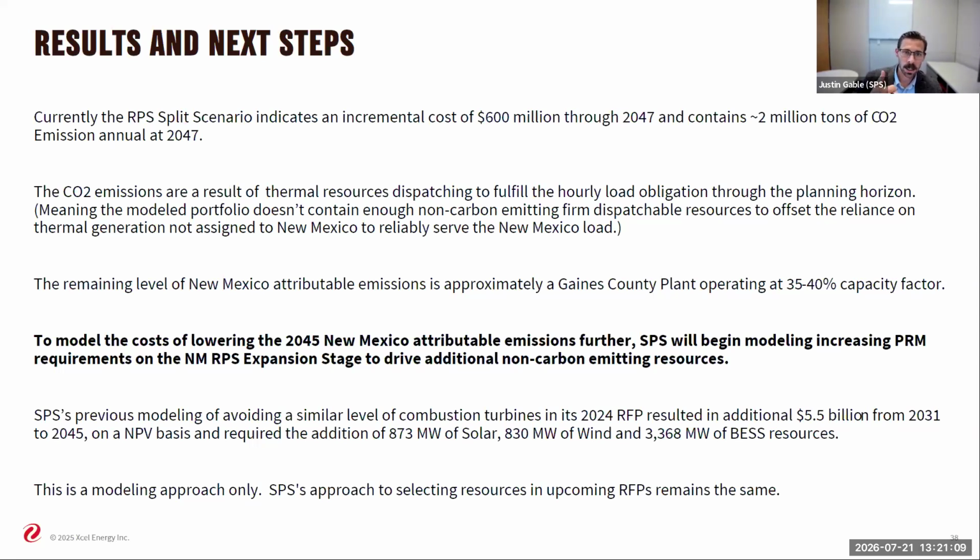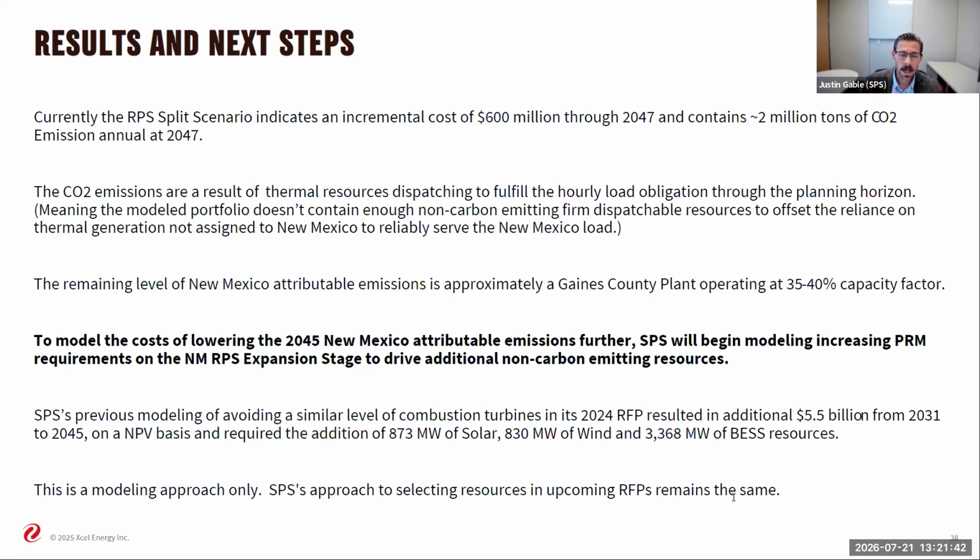That would drive additional capacity and energy resources to serve New Mexico and to drive carbon emissions down, but it is not necessarily going to immediately root out all carbon emissions. So we can continue to increase that PRM requirement and require the model to build more renewable and non-carbon emitting resources to drive the emissions down.